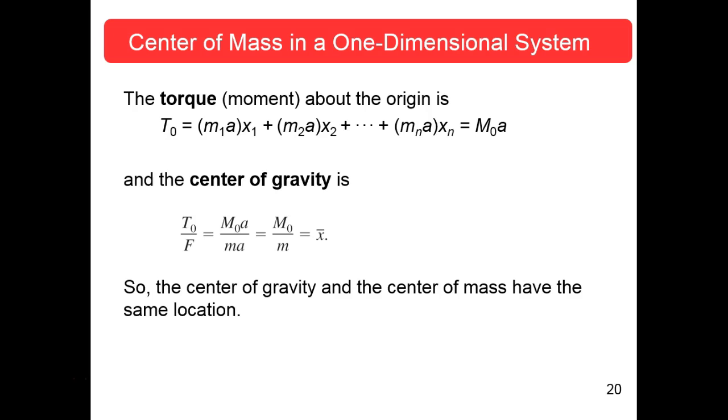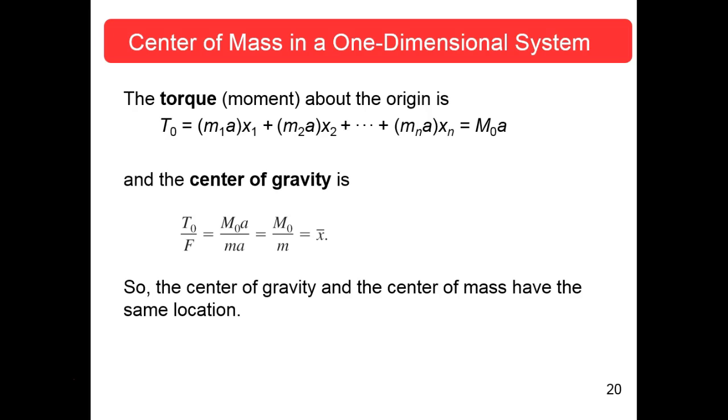So the little tau, they call it capital T0, is your force 1 by displacement 1, force 2 by displacement 2, all the way up, force n on displacement n, and that would be your tau. Okay.